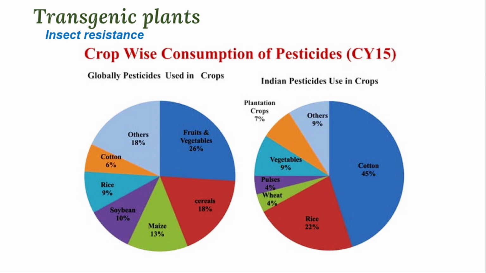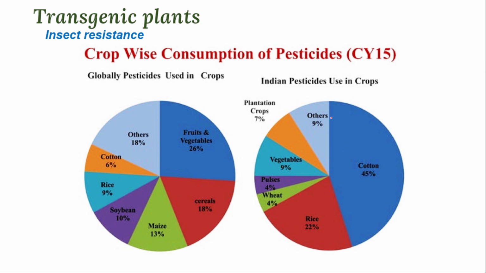If you take the map of this, nearly 26% we are spraying pesticides on fruits, 6% on cotton, 9% and 10% on soya bean, and on cereals and maize around 18 and 13 respectively.